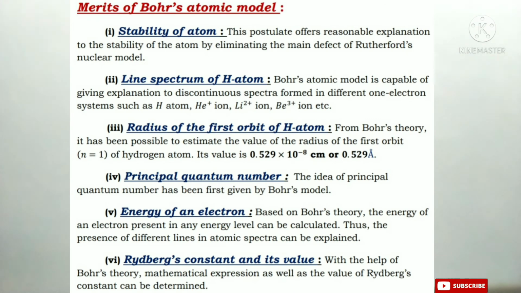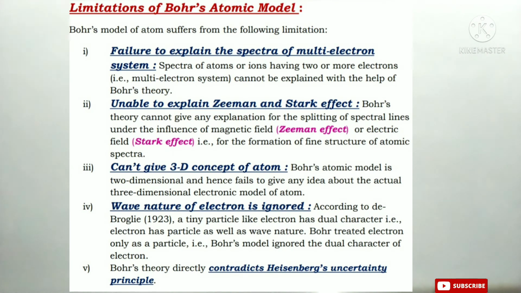And the limitations of Bohr's atomic model are arranged as follows. Atomic spectra, which is explained by Bohr's theory, is applicable to a single electron system only. It is not applicable for multi-electron systems. Next, Bohr's theory can't explain the splitting of spectral lines under the influence of magnetic field, that is Zeeman effect, and under the influence of electric field, that is Stark effect.